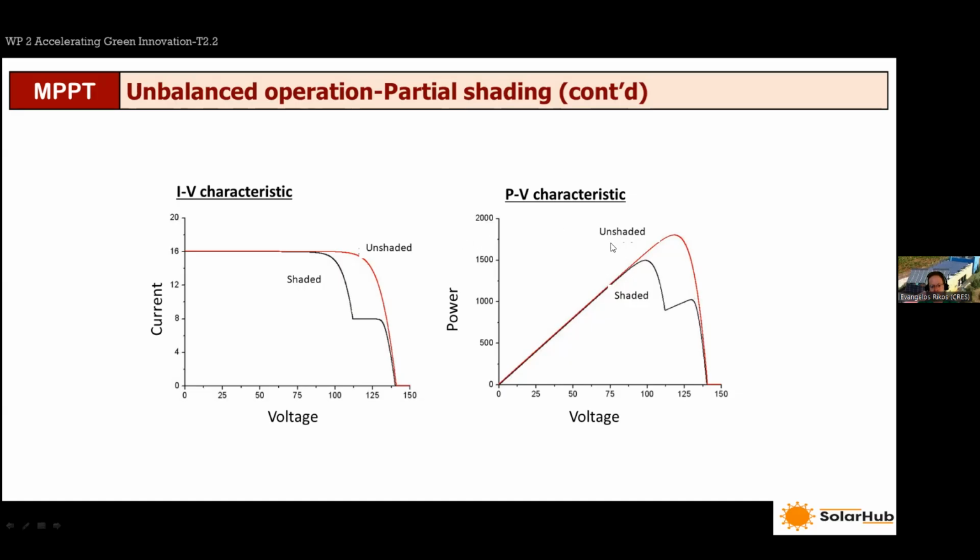And manufacturers of photovoltaic systems, specifically inverters or power converters, pay a lot of attention to this issue, and researchers as well focus a lot on it in order to propose solutions as to how one can address the problem of detecting the global maximum power point on a curve like this.